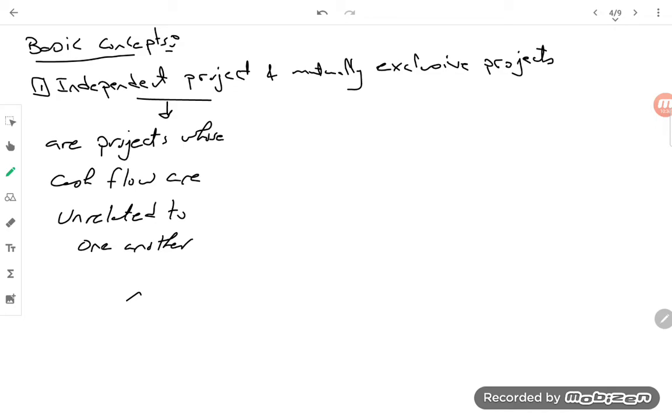So the acceptance or the rejection of one of them will not affect the acceptance or the rejection of any other one. Okay? While mutually exclusive projects are projects that compete with one another.